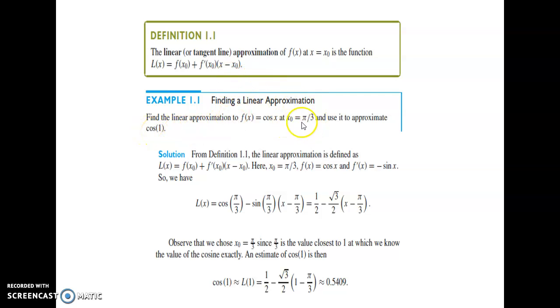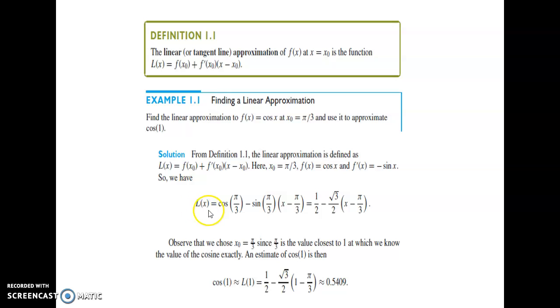So here x naught is given as pi by 3. Then we use this formula and substitute this. To find f prime x naught, I need to find f prime x. So the derivative of f of x is this. Then I substitute all these values here.